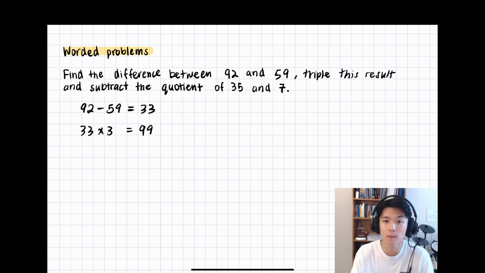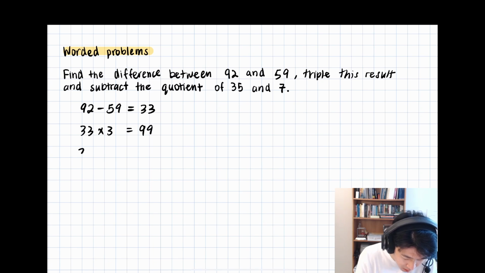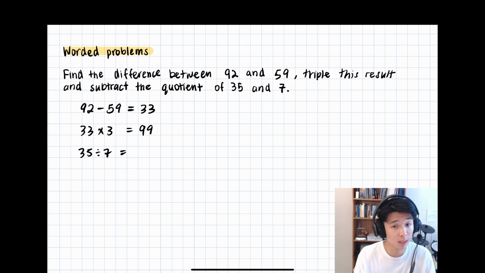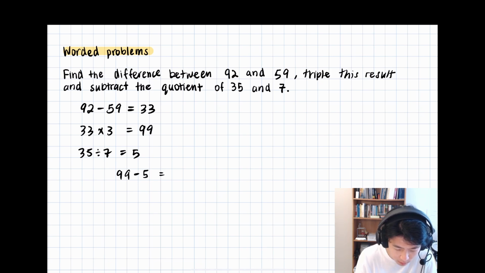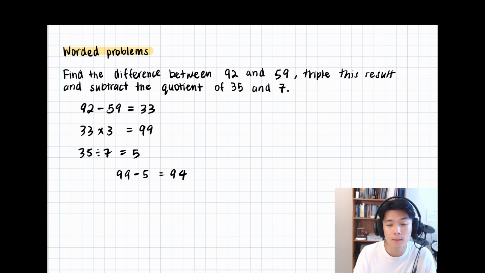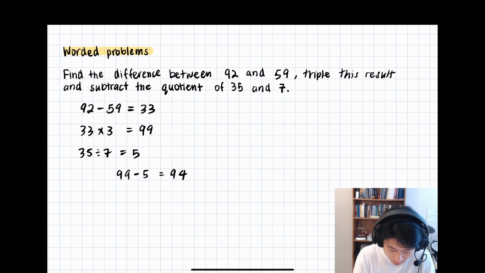The quotient means to divide 35 by 7. So 35 divided by 7, well, that's times tables, right? That's 5. And so we're going to take 99 and we're going to subtract 5. And this gives us 94. And so our answer is 94, right?